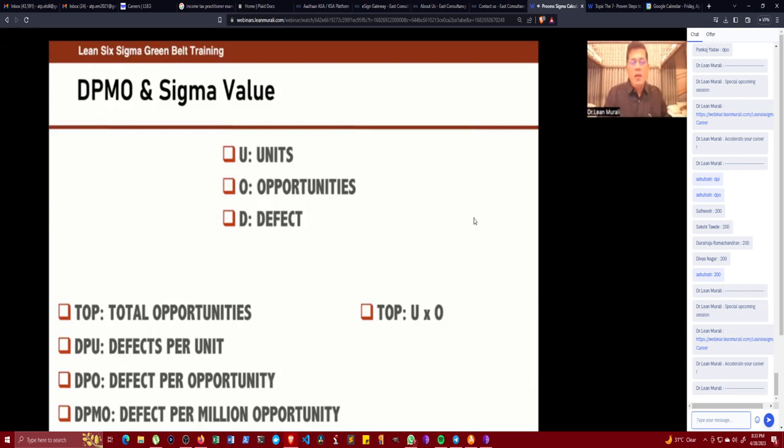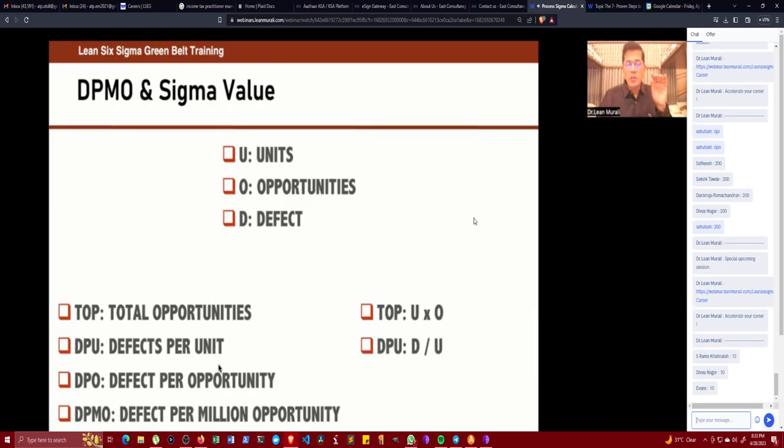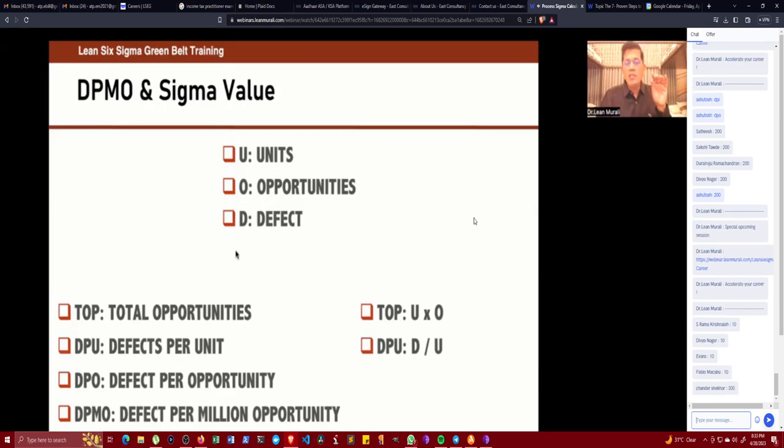Fantastic. Now, defects per unit. I have told you there are 100 units of that. If I have 10 defects and 100 units, please type what is the defect per unit.